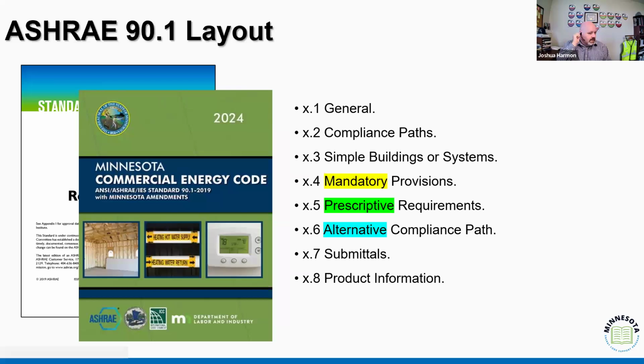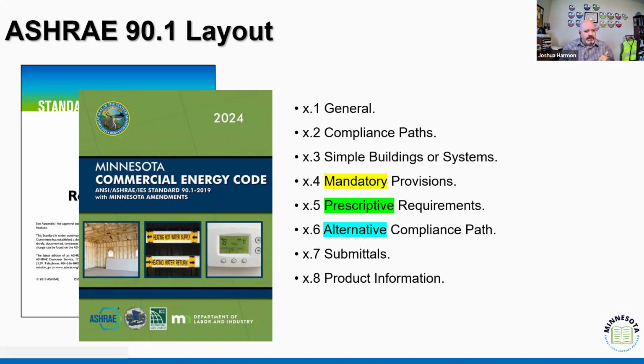The number systems go from 1 as more of that general description of a particular section, including its scope and maybe some general requirements of the section. Anything that has that .2 in the second column is going to be for the compliance path recognition, to describe any process that may be different or unique about its compliance path.